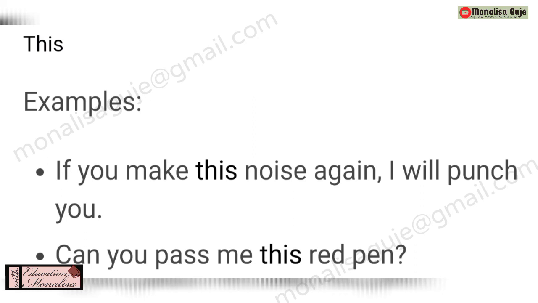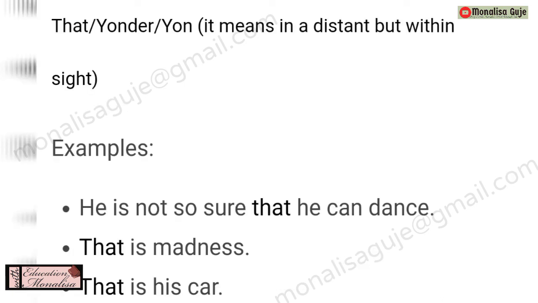Can you pass me this red pen? So this is the example of the word this. Next, that. He is not so sure that he can dance. That is madness. That is his car. So this is singular demonstrative adjective. I hope this is clear.